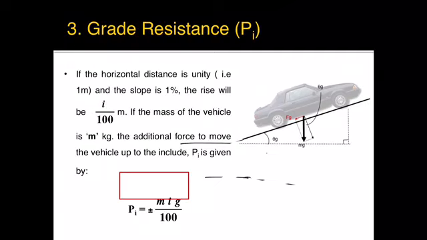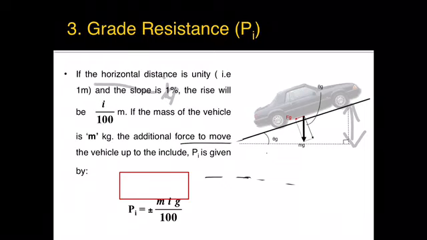That additional work required to maintain the same design speed will be equal to the amount of work done to lift your vehicle to the desired inclination, which is given by the gradient. Hence, if the horizontal distance is unity, that is 1 meter, and the slope is i percent, the rise will be equal to i divided by 100.